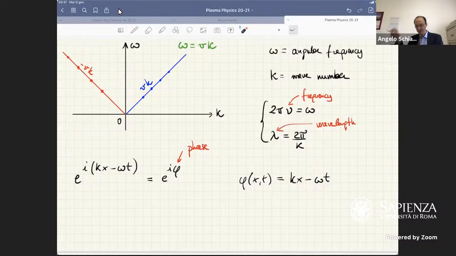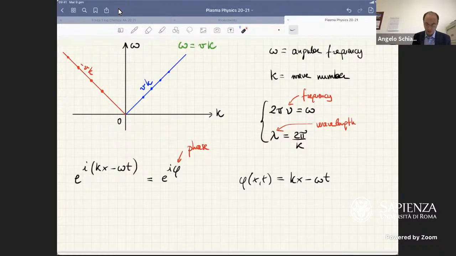So one is progressing, the other one is regressive, and we want to see how a given phase is moving in time. If we lock on a given phase value, we want to see the speed of change of the phase.